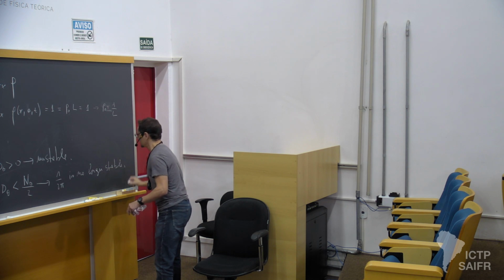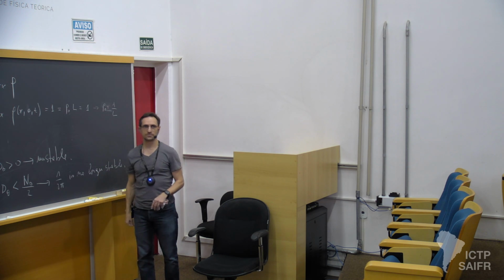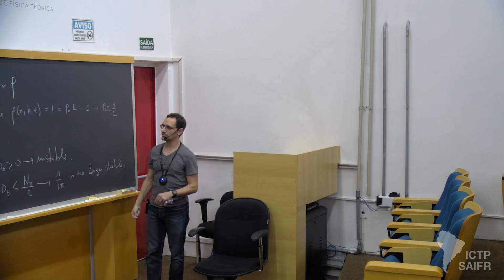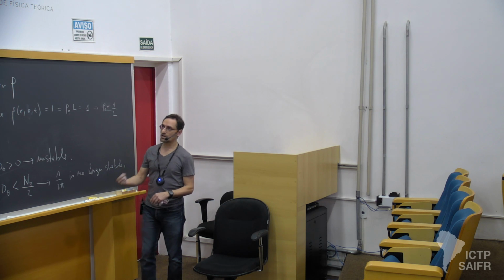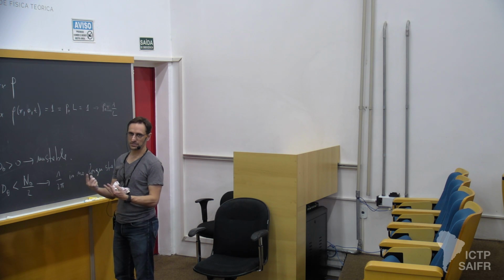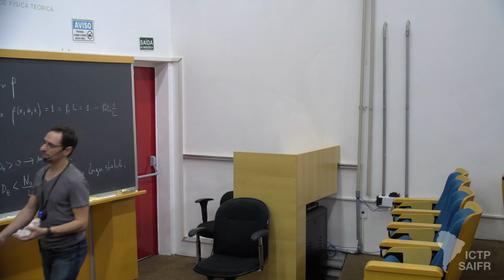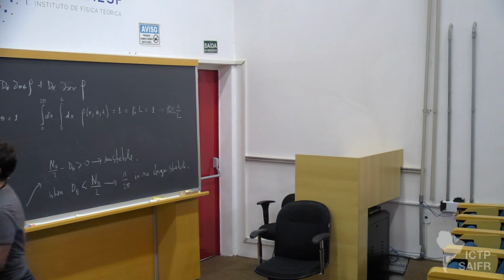And that means that your system should go somewhere. And the question is where the system goes. To see where the system goes, we will take into account the nonlinear part, this Kuramoto trick.